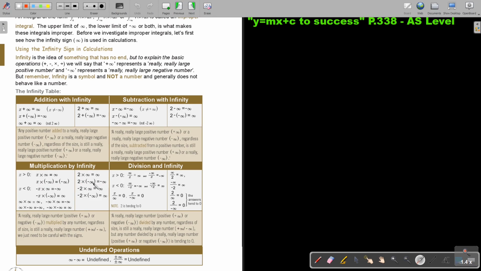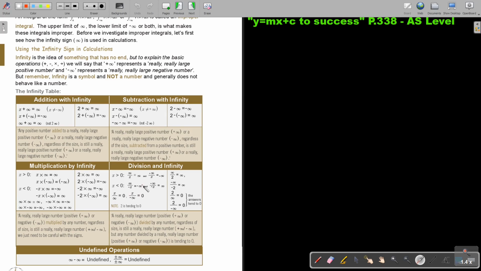Multiplied by negative infinity, it's negative infinity. And if x is smaller than 0, like negative 2, then times positive infinity it's negative infinity. It's almost like working with the signs. A negative and a negative is positive. So just like we did there with the signs, the same principle counts here. So that's negative, that's negative. It's just working with the sign.